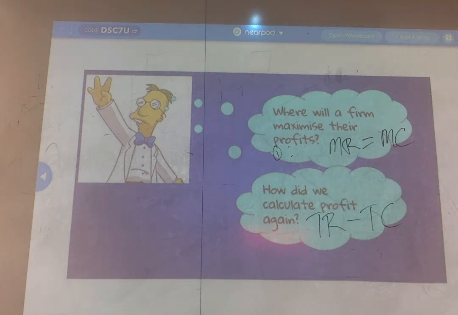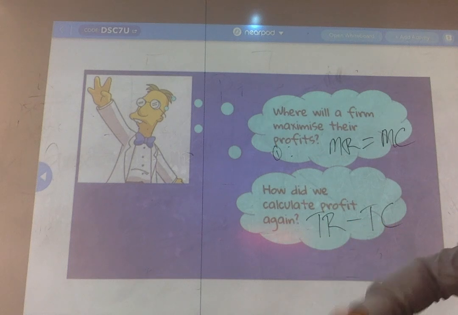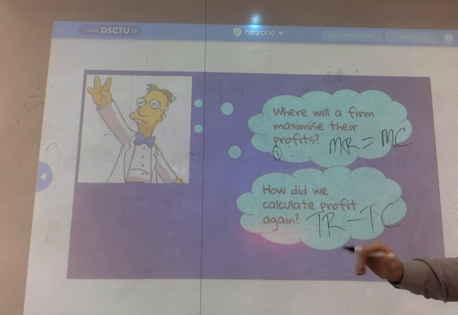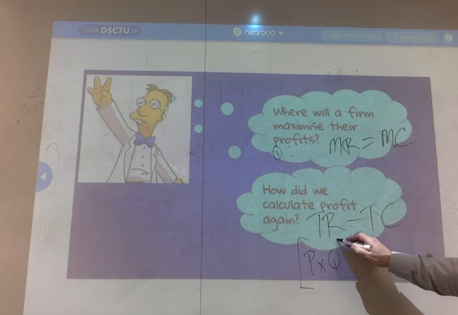Now, you guys are all mathematicians. I got told by one of you that their favourite subject is maths. I'll let you guess which one. TR here is equal to price times quantity.